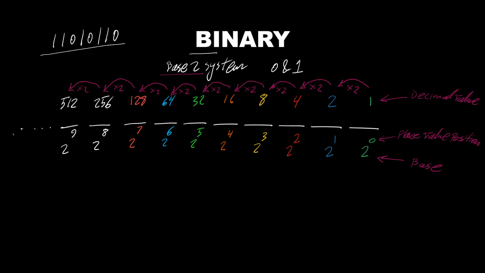Now let's put the binary number in the place value. Going from left to right, so this is 0, 1, 1, 0, 1, 0, 1, 1. And of course, if we had more bits, binary numbers, we would just continue putting them in these place values.